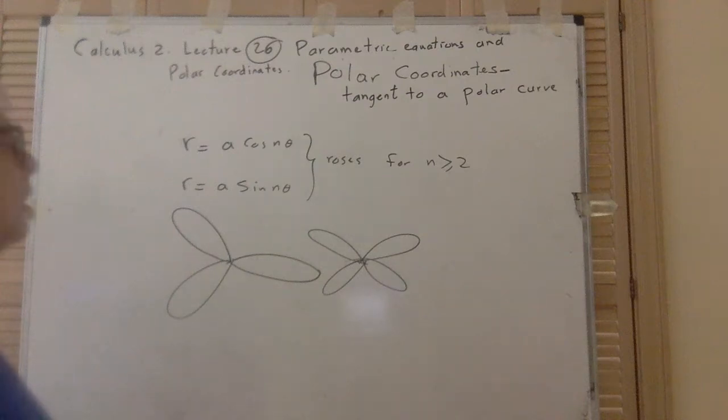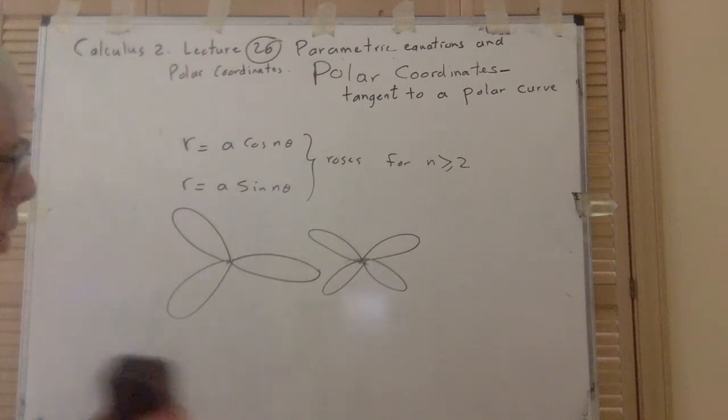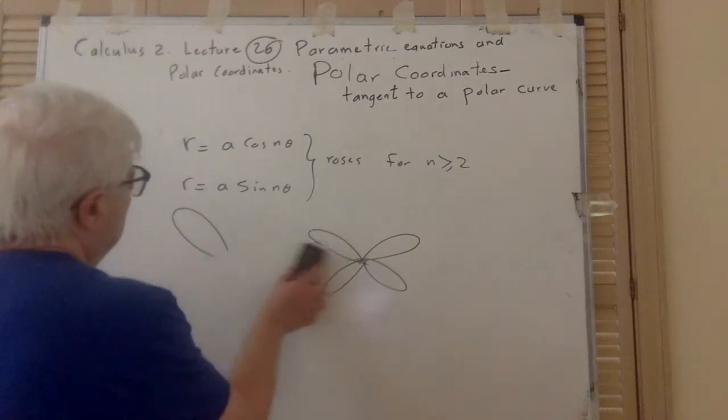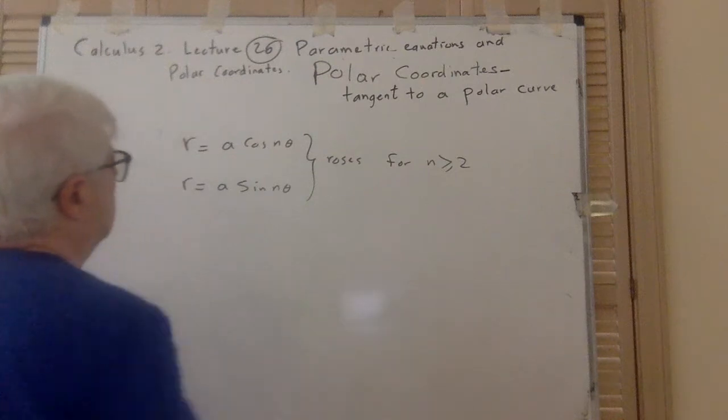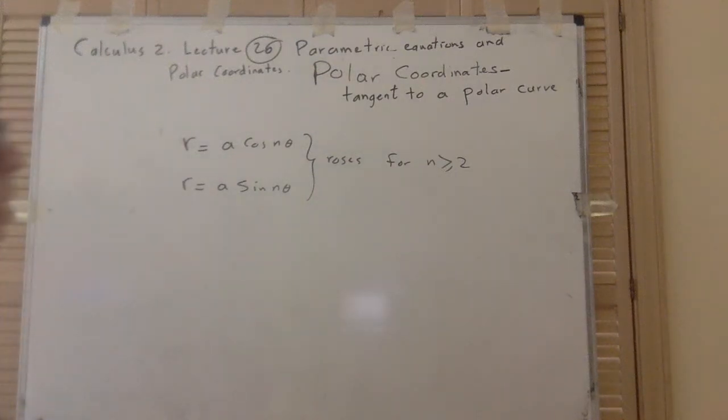So these are roses when n is bigger than or equal to 2. That's why I said in the other one that it should be just theta, not 2 or 3 theta, because then you will get roses. And some other things; you can check the textbook for other types.